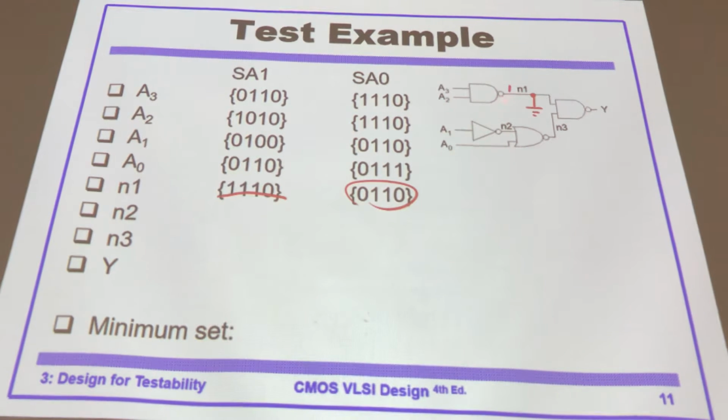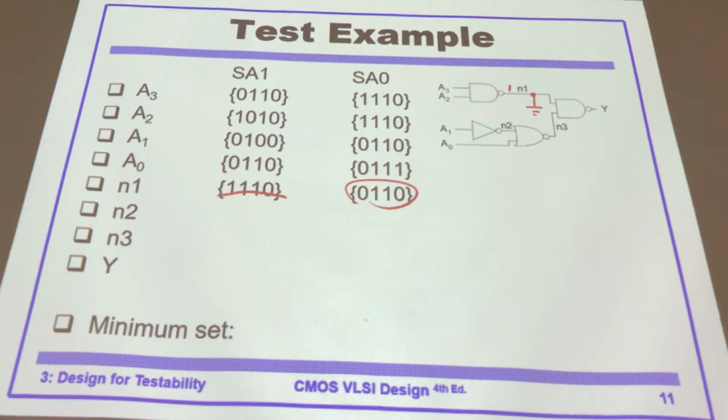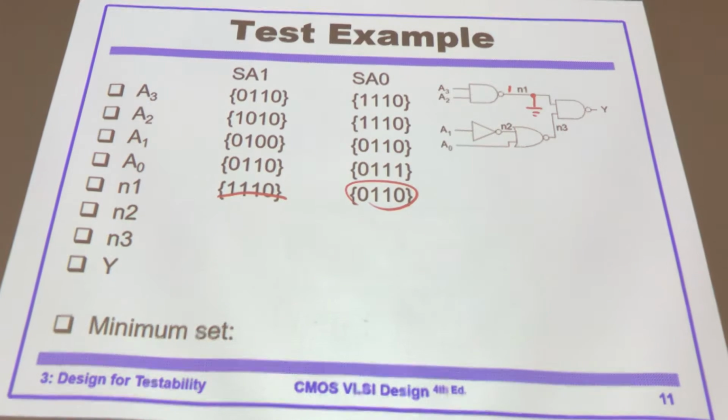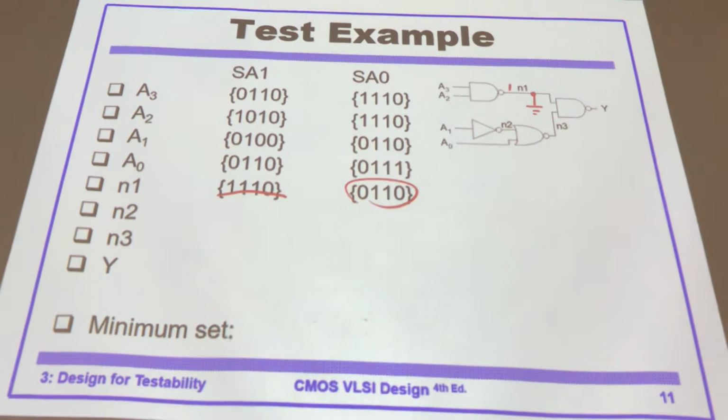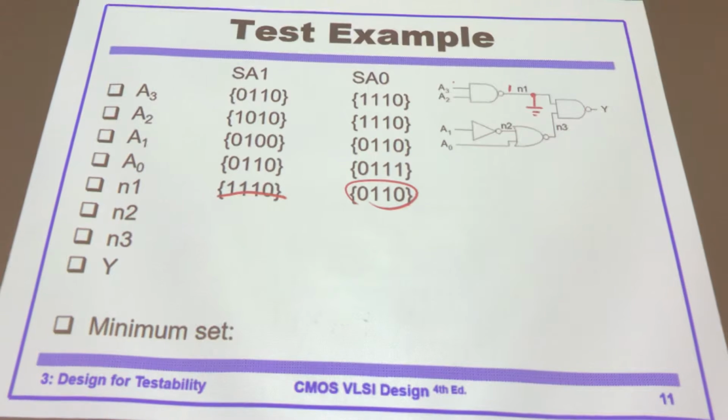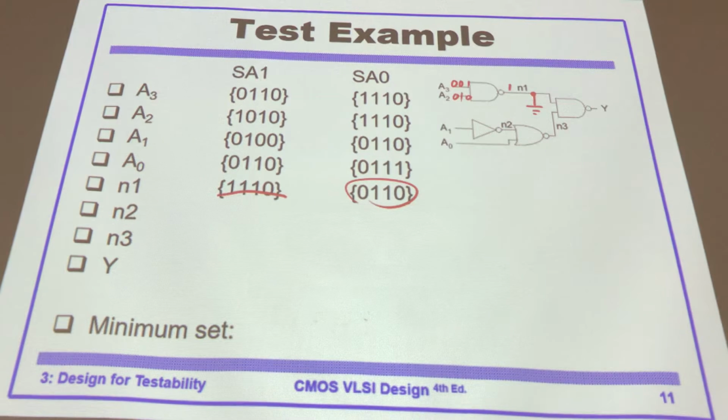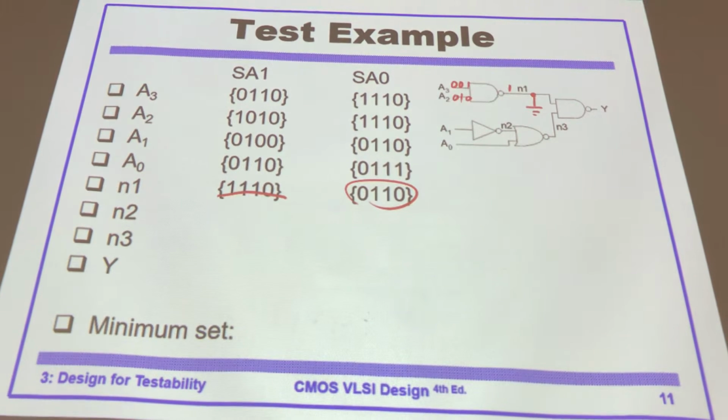You should get 1, such that stuck at 0 will force it to 0, right? That way you can distinguish it. Eventually get the output. And so the input for A3, A2 should be what? 0, 0, 0, 1, 1, 0, either one should be okay.